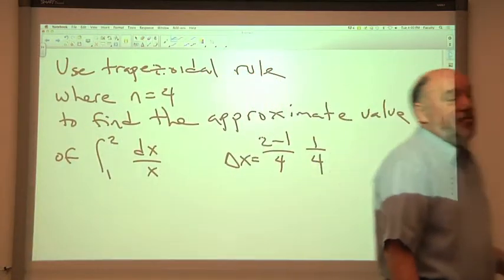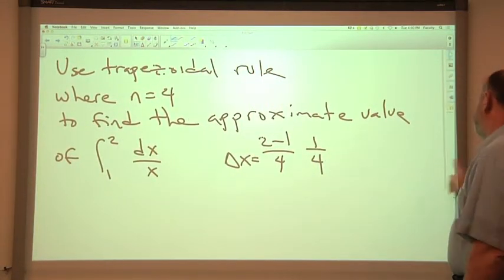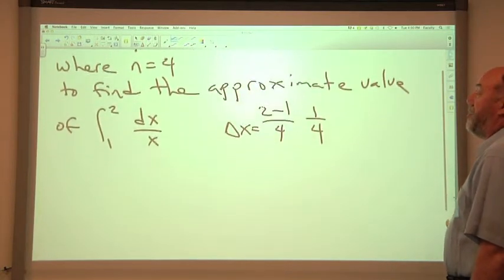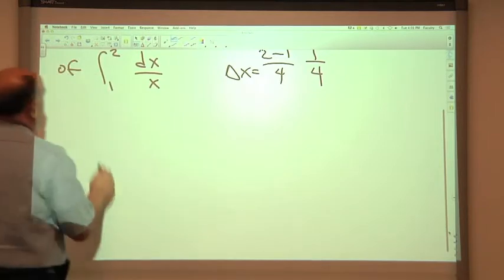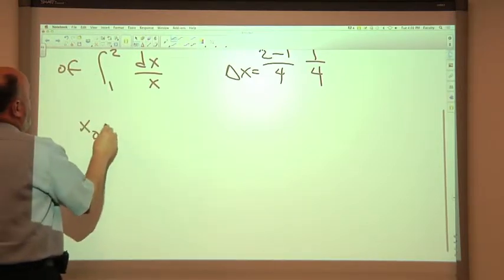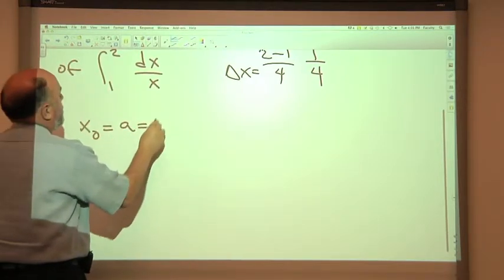So this method really just involves number crunching of what's going on here. And so now we start out with x naught, which is going to equal a, which is going to equal 1.